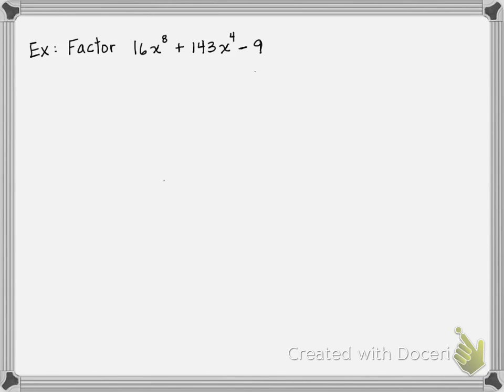So if AC is -144 and B is 143, then our numbers are going to be -1 and +144. So we have 16x to the 8th plus 144x to the 4th minus x to the 4th minus 9.